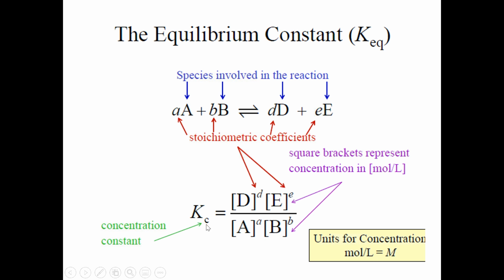So C is for concentration. And remember, whenever we see square brackets, that implies that we're talking about the concentration of A or the concentration of D right here. And we measure concentration in molarity. So just FYI, in a Kc expression, we're going to express the relative amounts of reactants and products in terms of molarity. That's what the square brackets represent.